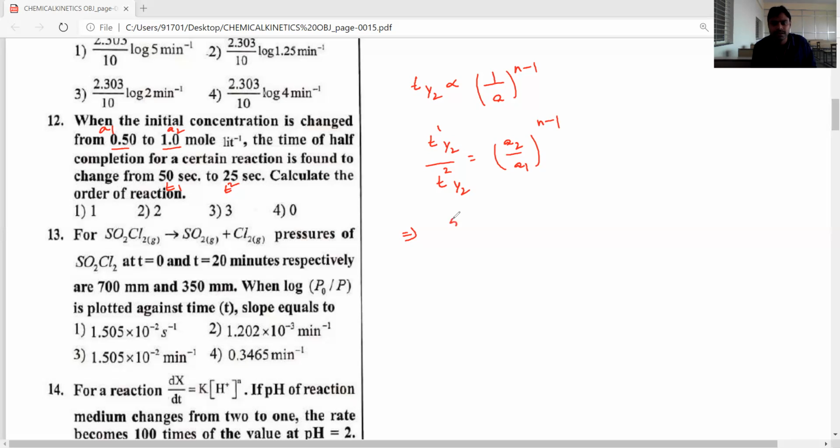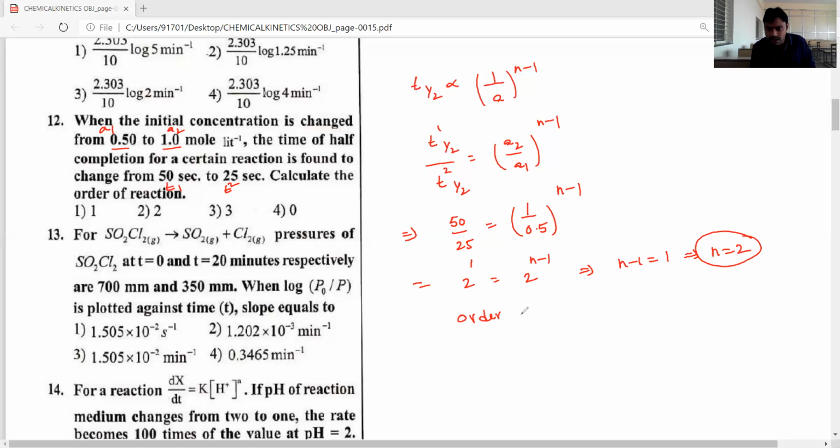Then 50 by 25 is equal to 1 by 0.5 whole to the power of n minus 1, so 2 is equal to 2 power n minus 1. Here 2 power 1 is there, so n minus 1 is equal to 1. From this n is equal to 2. The order of this reaction is 2. The answer is the second option.